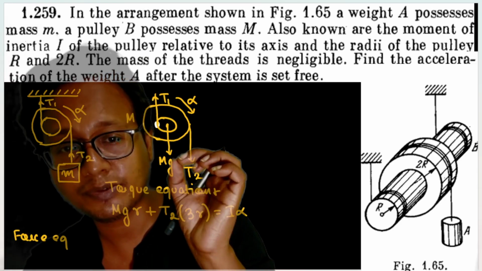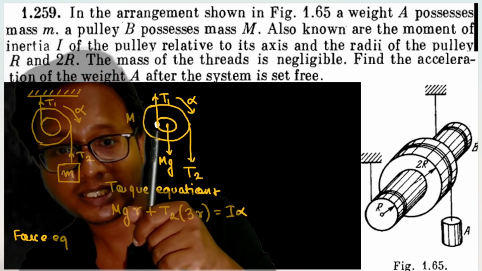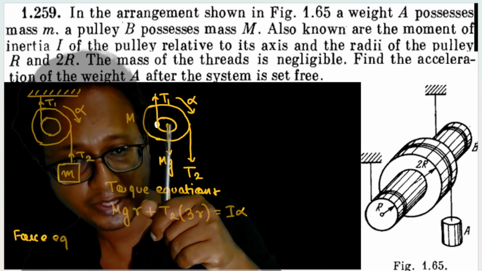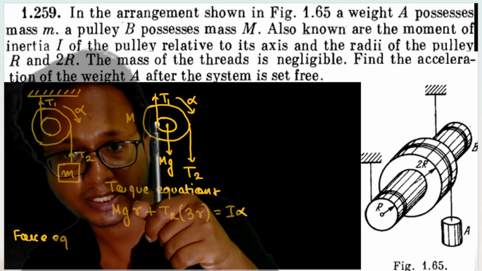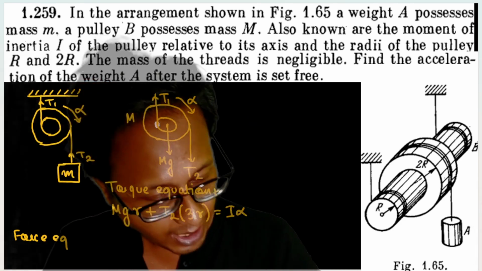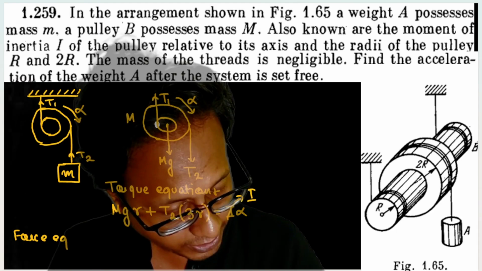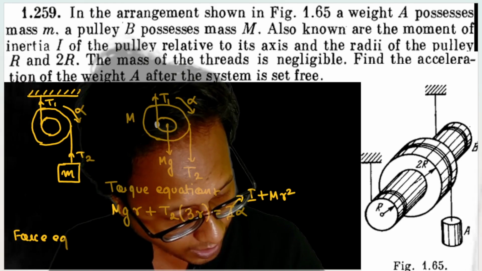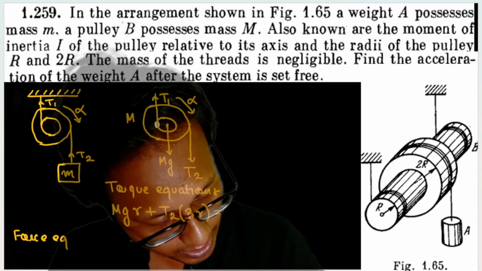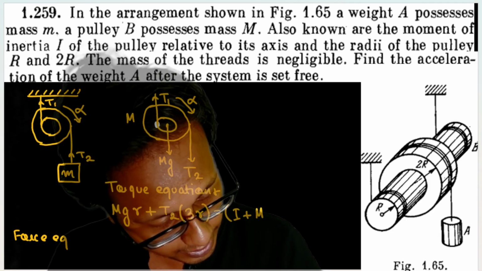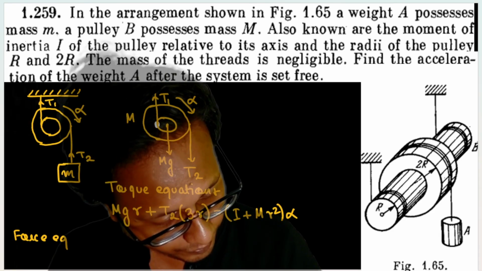The only thing I need to remember is that the moment of inertia I is taken about this axis, the center axis. If I shift my axis, I can apply the parallel axis theorem. So this I will be the moment of inertia about the center plus mass into r square, so I plus mass into r square, into alpha.